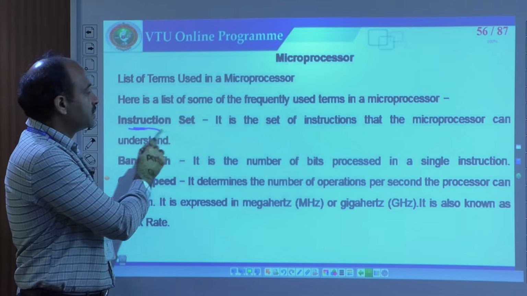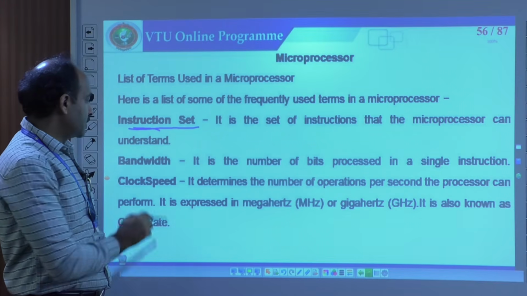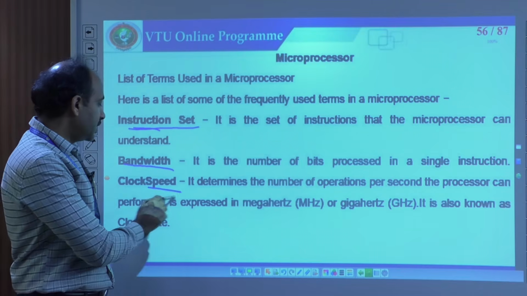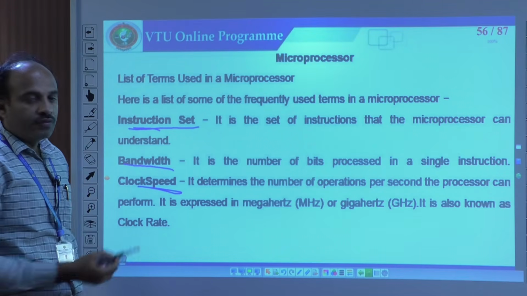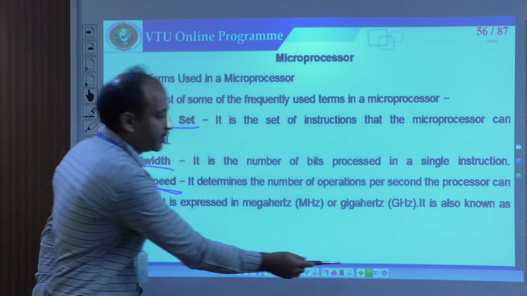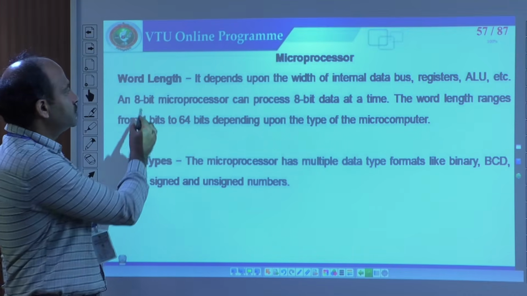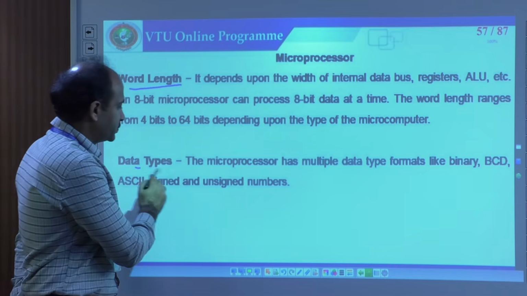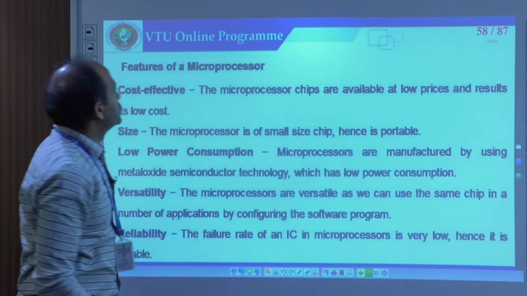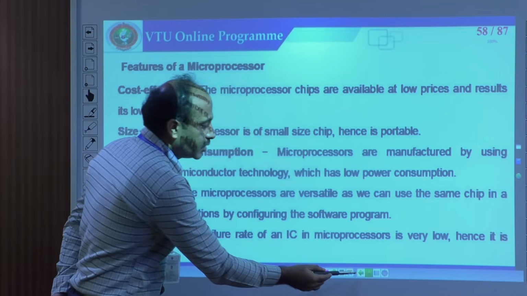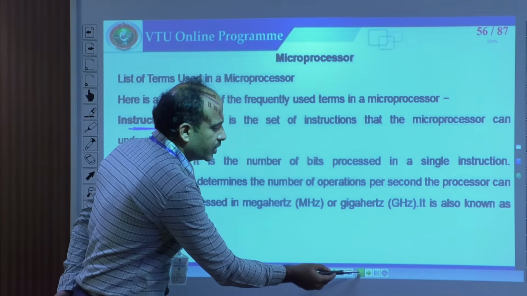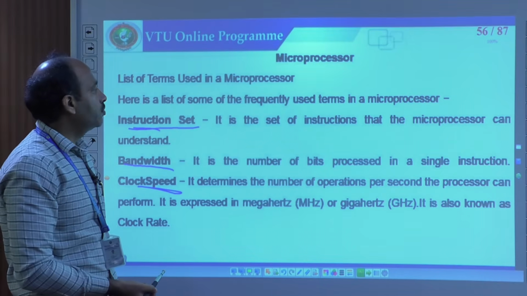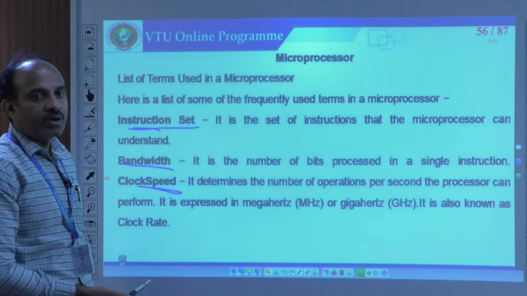Second one is the bandwidth, and then the clock speed. And a few more terms, word length, and then the data types. These are some of the typical terms we use very commonly whenever we talk about microprocessors. We will try to understand them one by one.